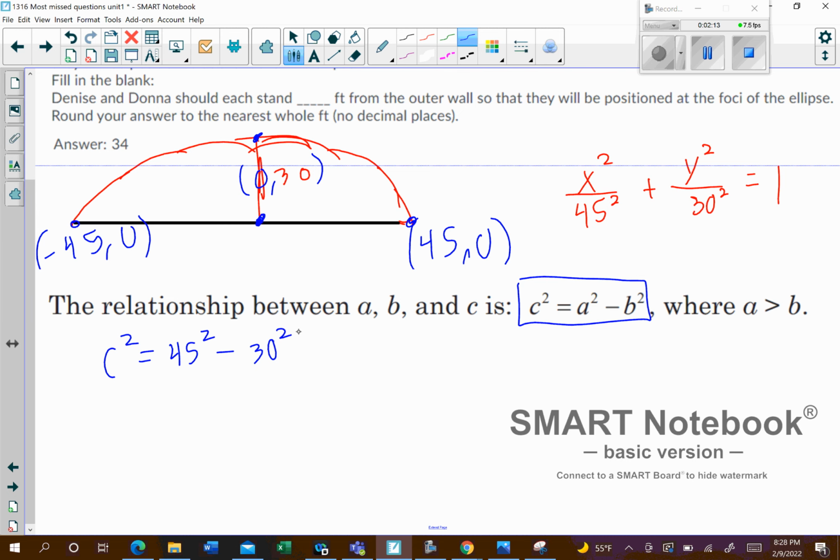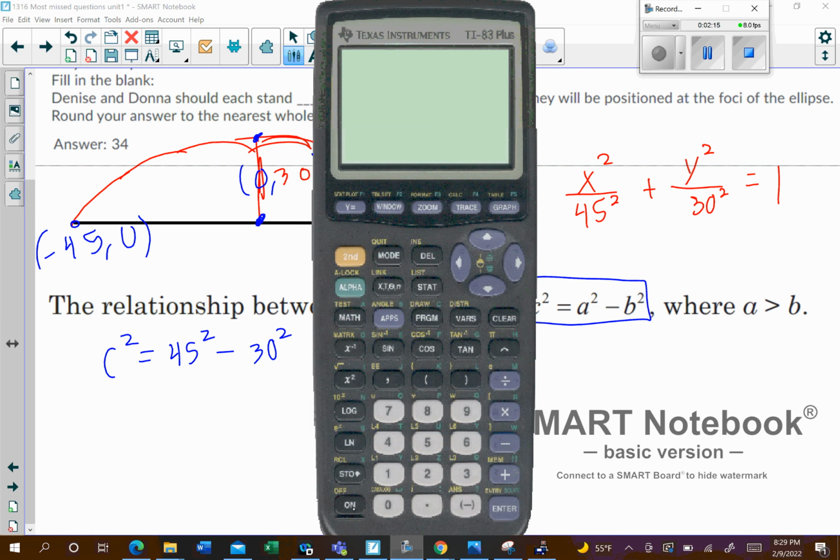Now I got my calculator. So 45 squared, take away 30 squared. We get this pretty big value. And then we'll take the square root of my answer. And if we round that, we're going to get 34.